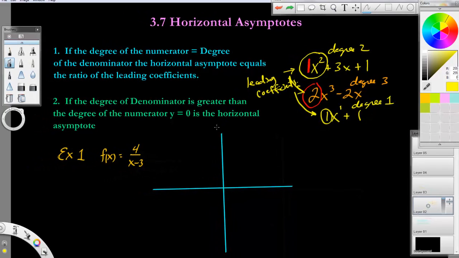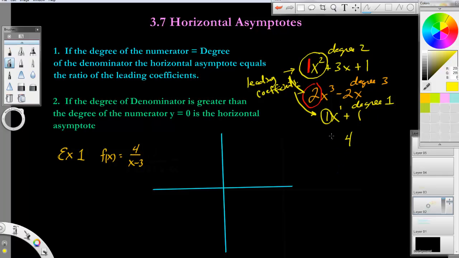So before we graph this example, example 1, 4 over x minus 3, let's see which of these two rules this thing satisfies. The degree of the numerator is... well, the other example I didn't put up here is what happens if you just have a number.